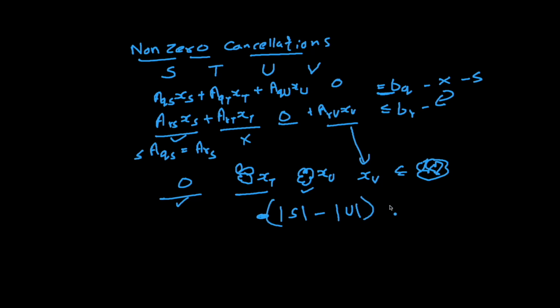This entire thing is our total reduction, the number of non-zero cancellations, and if this is greater than 0, that means we have reduced our number of non-zeros. If we have fewer non-zeros, then solving the LPs is faster with simplex, which is something we all know. So that's the goal: we want to reduce the number of non-zeros in our matrix by adding equalities to some inequalities. That's the basic idea.